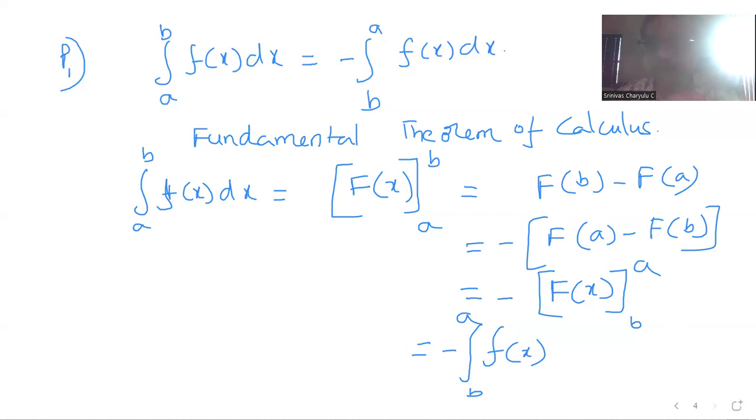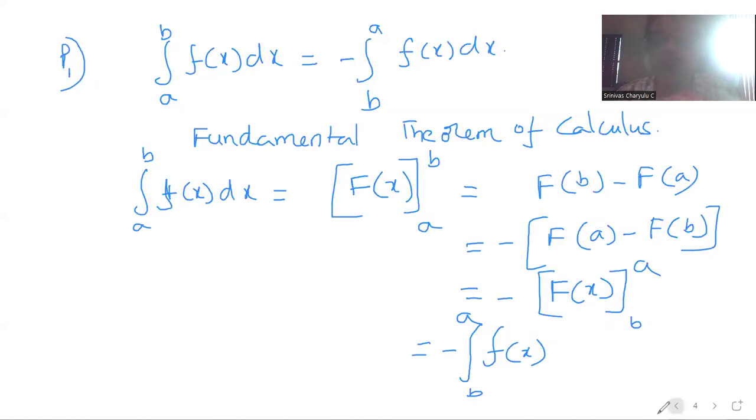Next, another important thing is P2 or P3, this one. P1 is over, P0, P1 we have done. Next we have to do P3. This property is very simple but very interesting.